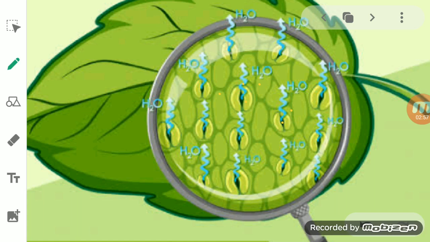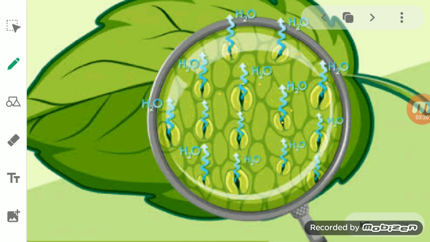This water gets converted into water vapor, in the form of a gas, and from being a vapor it comes out to the atmosphere through the pores present on the leaves, and that is stomata. Now see here how it gets evaporated.